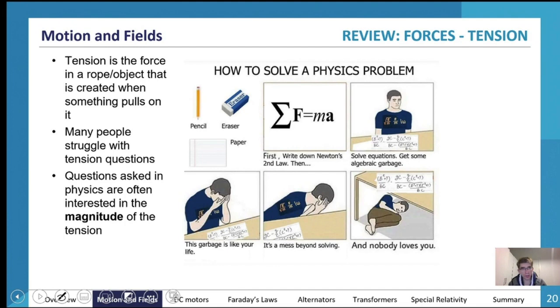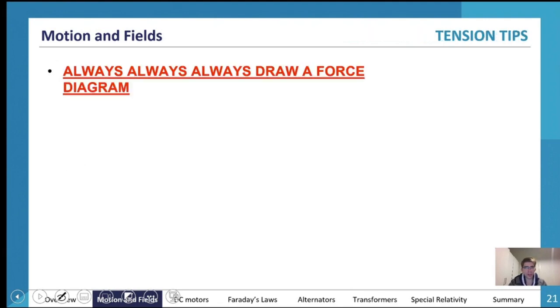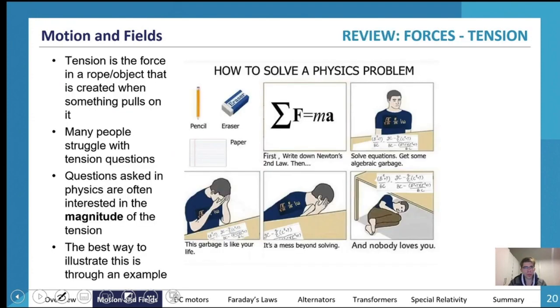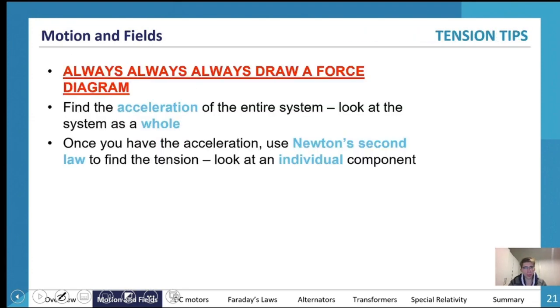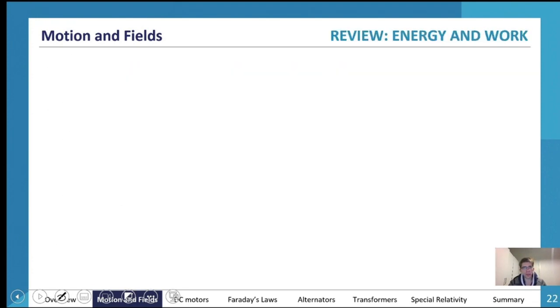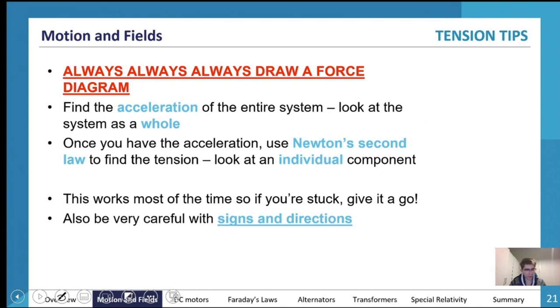Tension is the force in a rope or an object that is created when something pulls on it. Many people struggle with this question, as I said, because they are interested in the magnitude of tension, and there is a lot of difficulty with students to find the magnitude of tension. And the best way is to illustrate the example that they're giving to you. The best way is to draw out what they're trying to explain to you.